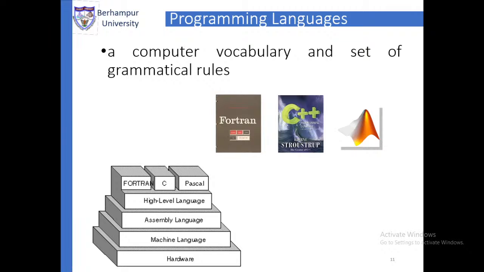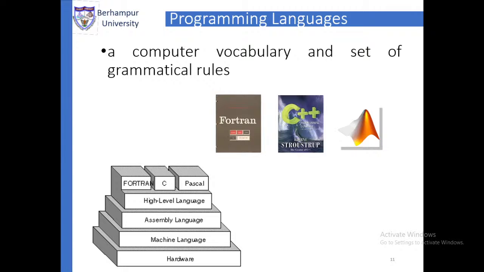High-level language has three categories nowadays. One is called the normal high-level language, under which come Fortran, Pascal, Basic, etc. The other is called the mid-level language. Mid-level language is like a high-level language with some features of assembly language. So it is intermediate between assembly language and high-level language.